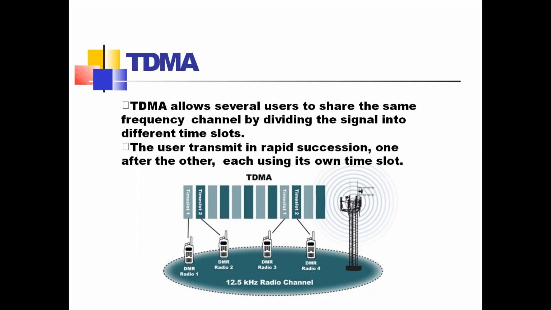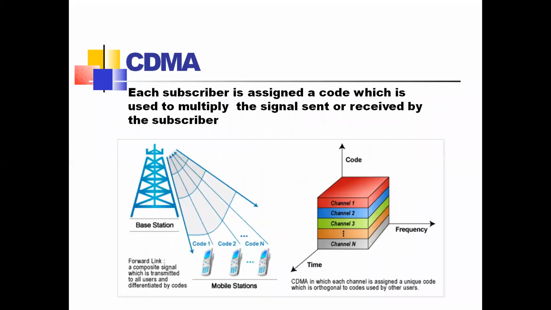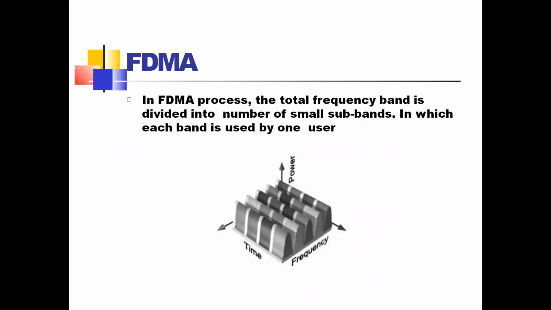Frequency division multiple access is different. The frequency is subdivided into small subbands, and each band is provided to a single user. This is called FDMA, frequency division multiple access, right?